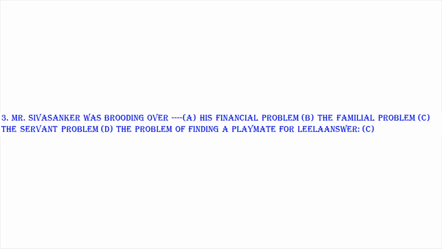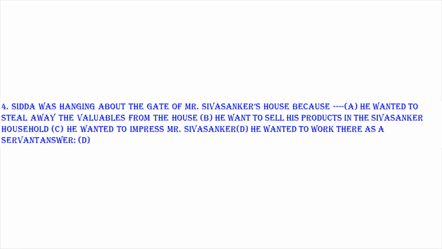Answer, C. 4. Siddha was hanging about the gate of Mr. Sivasankar's house because A. He wanted to steal away the valuables from the house, B. He wanted to sell his products in the Shivasankar household, C. He wanted to impress Mr. Shivasankar, D. He wanted to work there as a servant. Answer, D. 5.